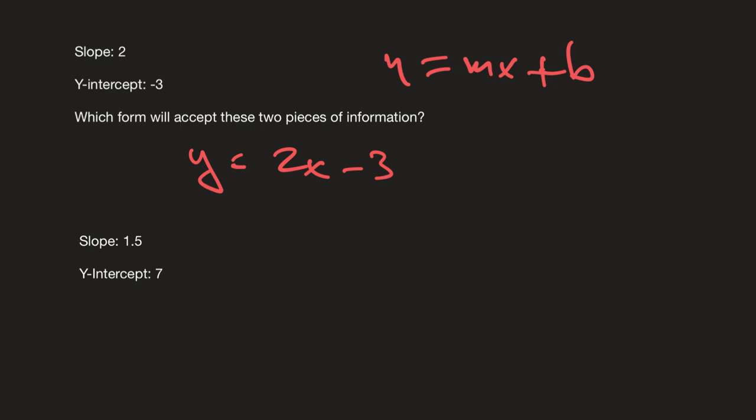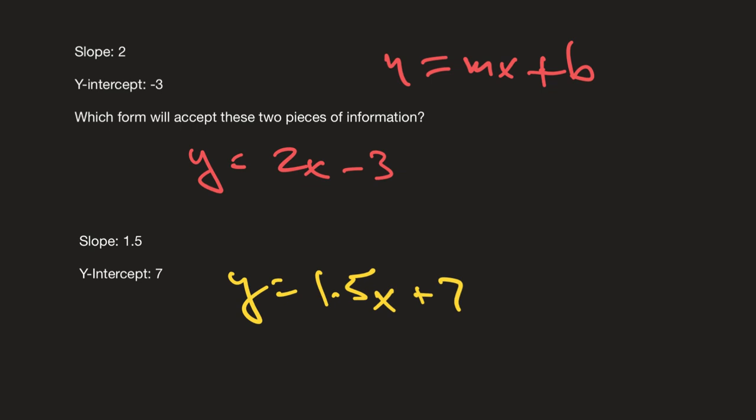So, given this information, what form are we going to? Slope-intercept form. How's it going to read? Y equals 1.5x plus or minus 7? Plus 7. Our y-intercept is a positive value, therefore we will use a plus sign.